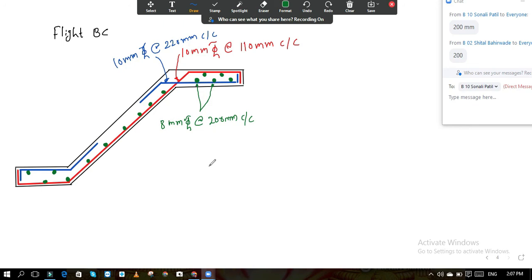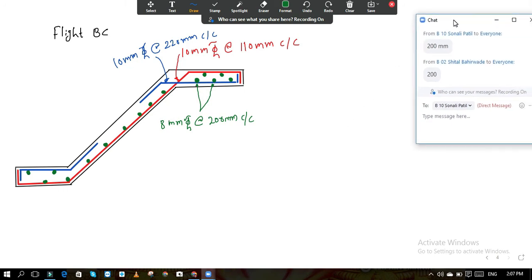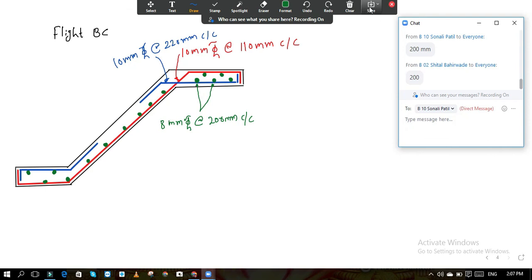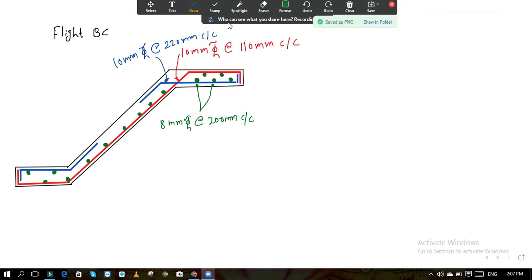Okay, similarly we can draw the reinforcement details for flight AB also. Now we will draw it.